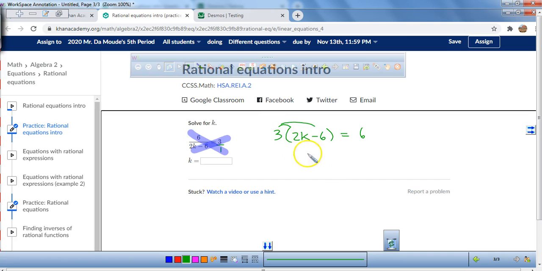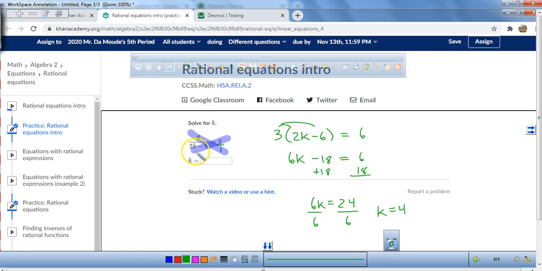We're going to go ahead and distribute. Get 6k minus 18 equals 6. We're going to add 18 to both sides and get 6k equals 24. Divide both sides by 6, and k equals 4.